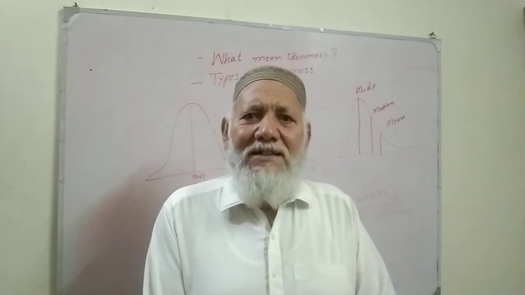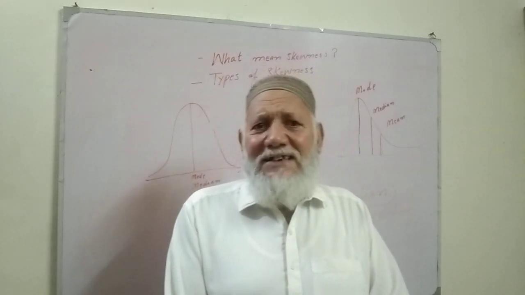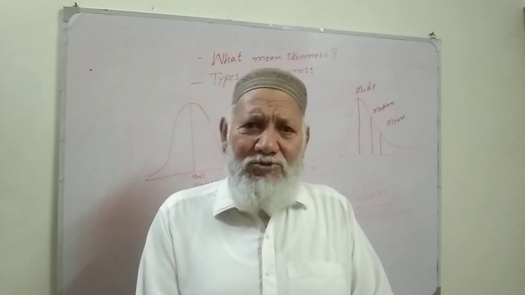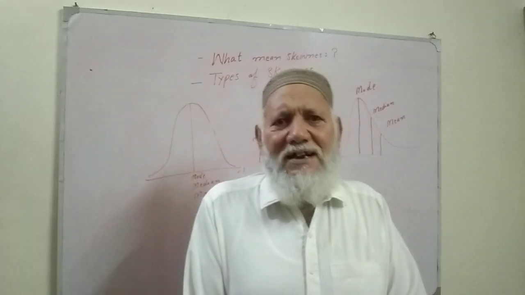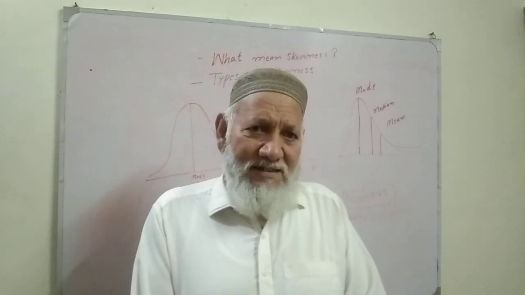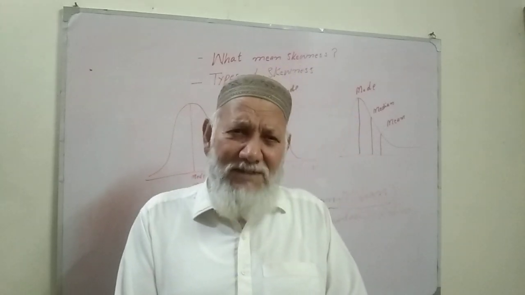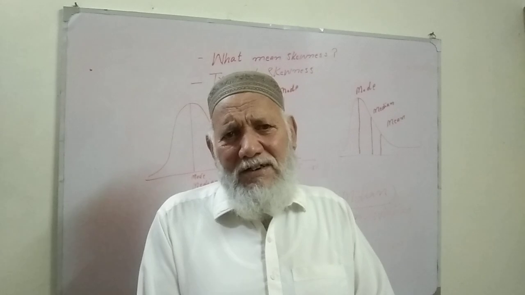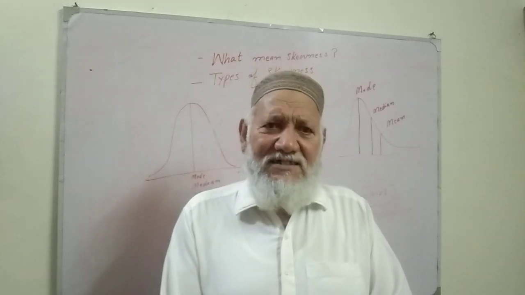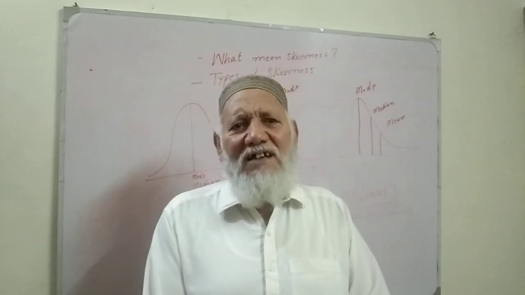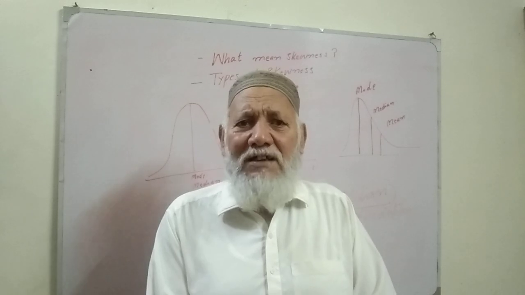If the data above on the right-hand side are more, it will be skewed to the right side, and if the data values below the mean are more, it will be skewed to the left side. Similarly, if both are equal, there will be no skewness.